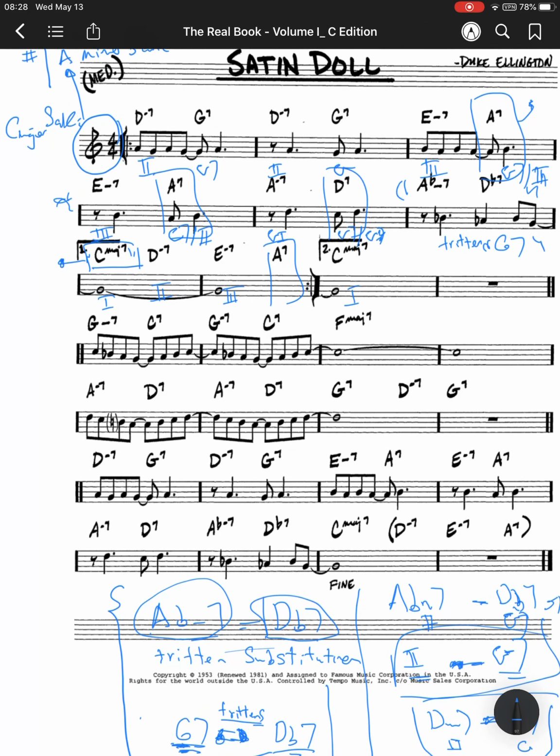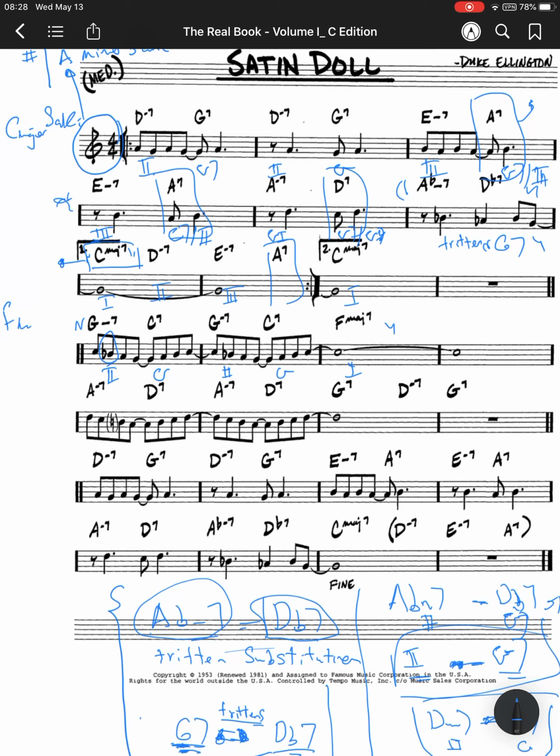And we have C major here. After that, we have G minor, C7, G minor, C7, F major. And we have B flat here, so that means the tonality has changed. So this is 2, 5, 2, 5, and 1.